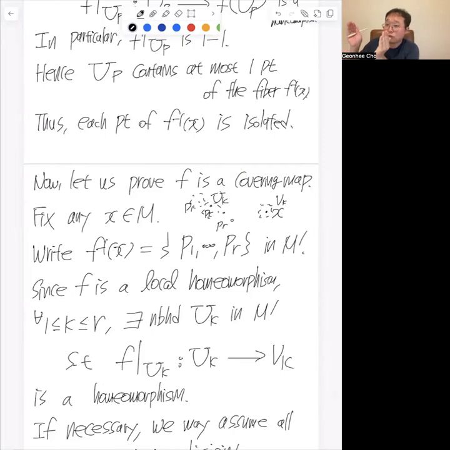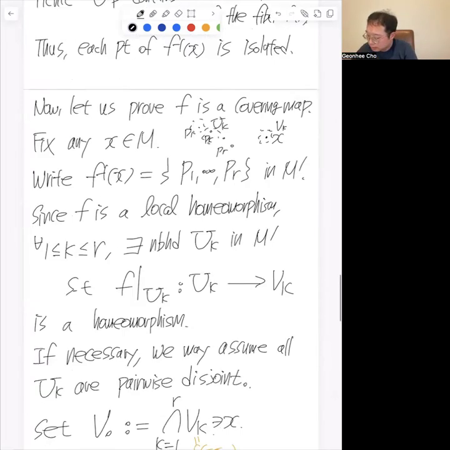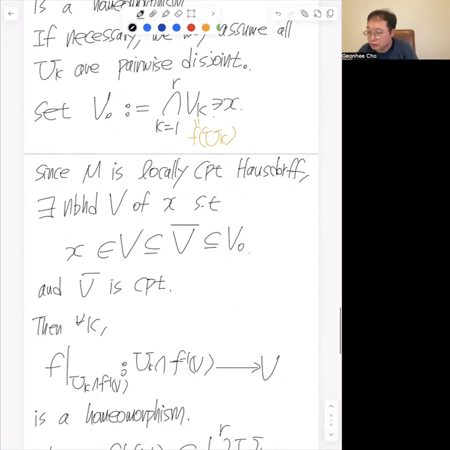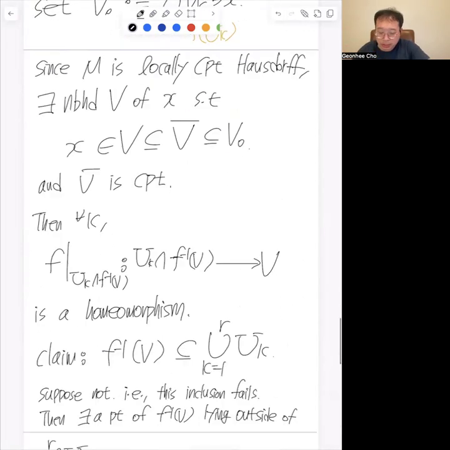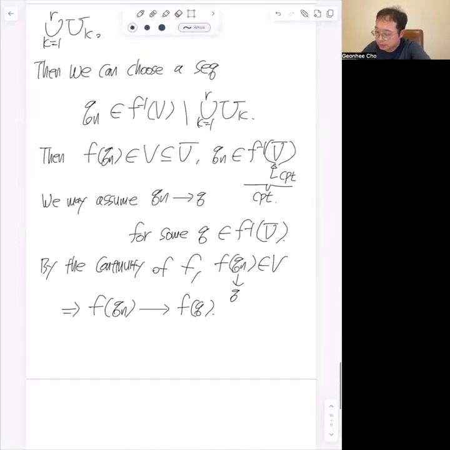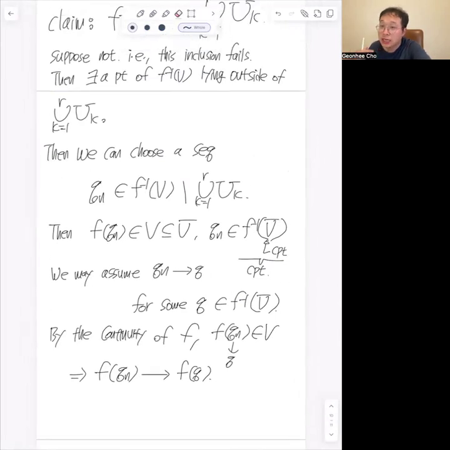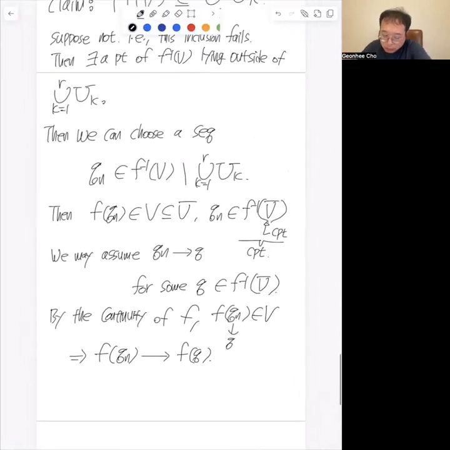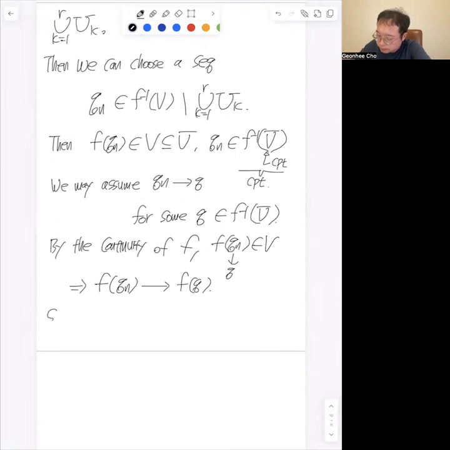So we are able to shrink V naught, and thereby we are able to shrink V as well. As long as we shrink each of the V and V closure, we know this f of q sub n must converge to x after shrinking this V around x. There's no other possible choice.